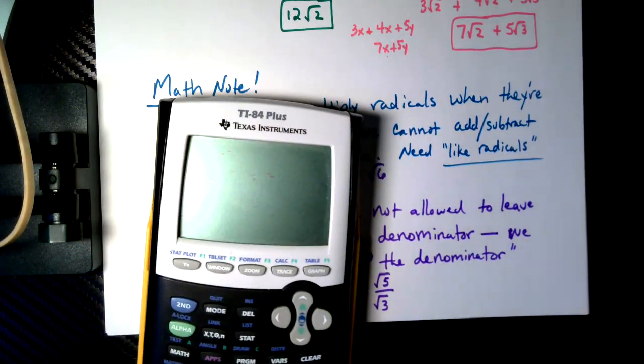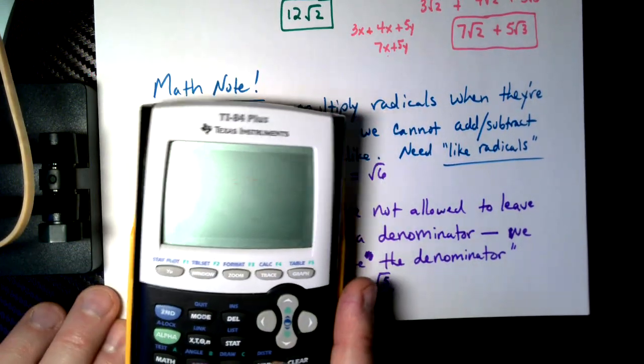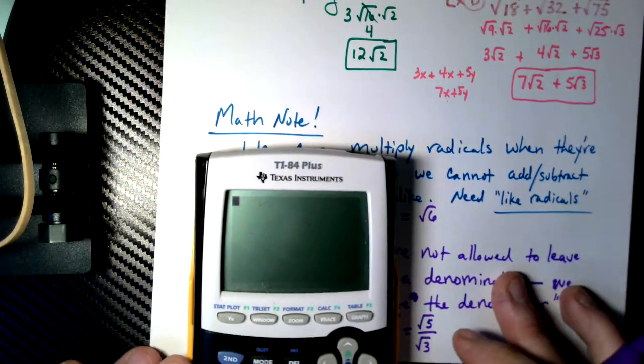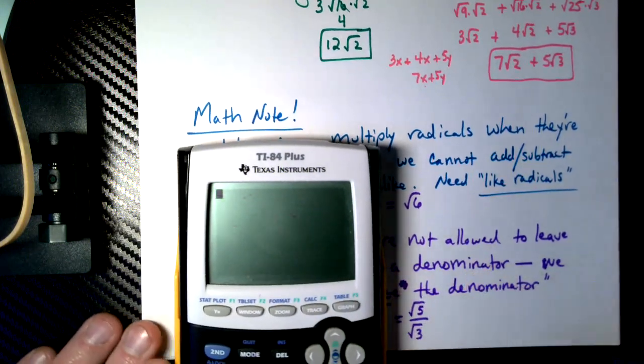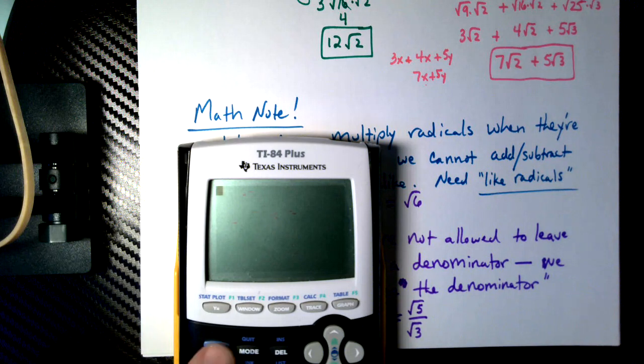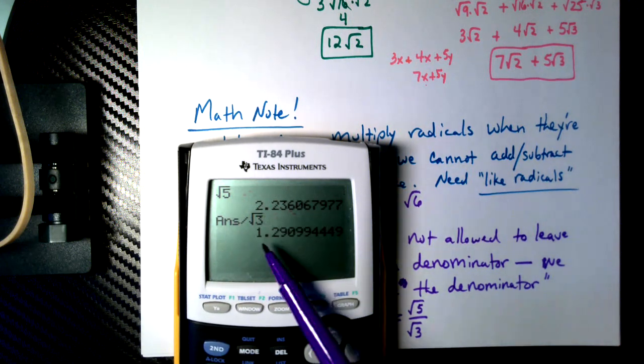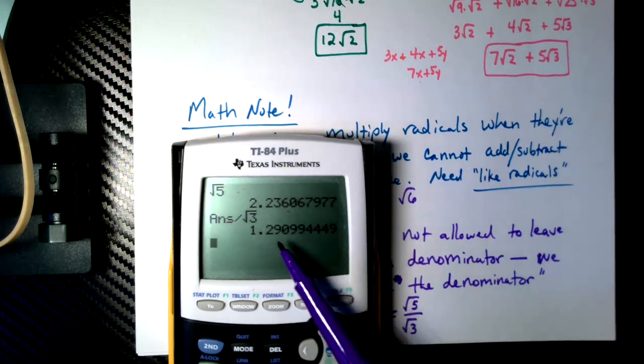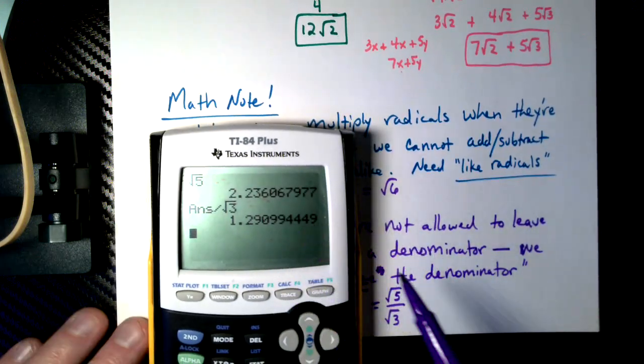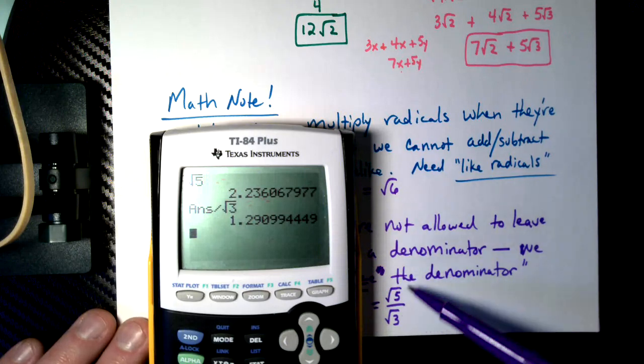The decimal version of this, if I go square root of 5, get an answer, divided by square root of 3, I get 1.2909944. We're going to change the look of this, but not change what the decimal version of it is.